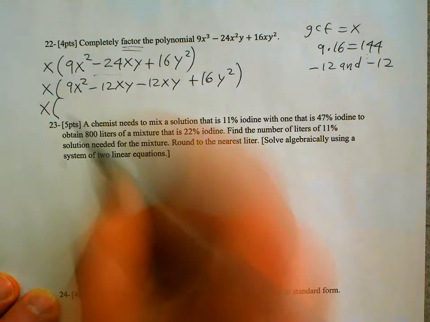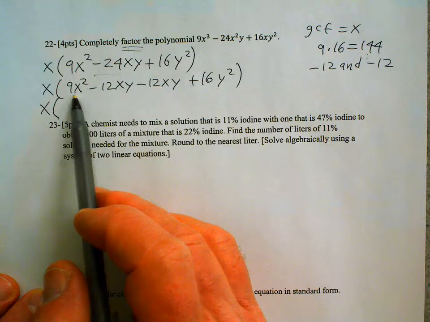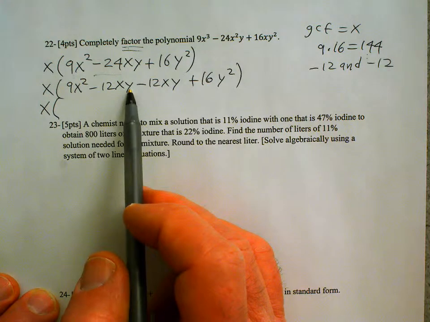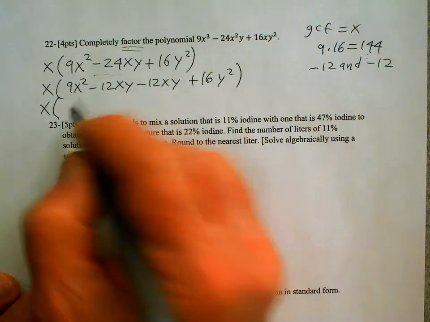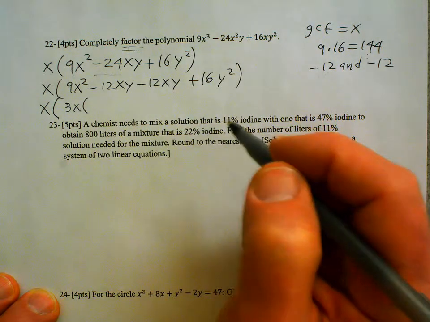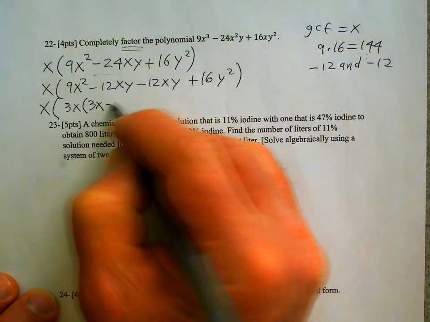And then inside the parentheses, we factor by grouping. Out of the first two terms, out of 9x squared minus 12xy, we can factor 3x out. And then when we factor 3x out of those terms, we're left with 3x minus 4y.